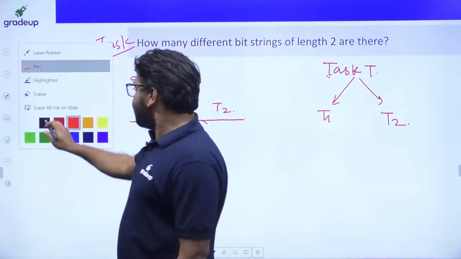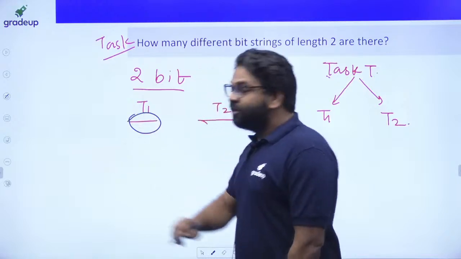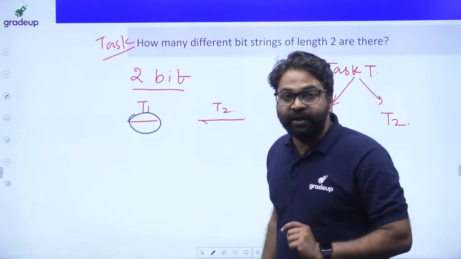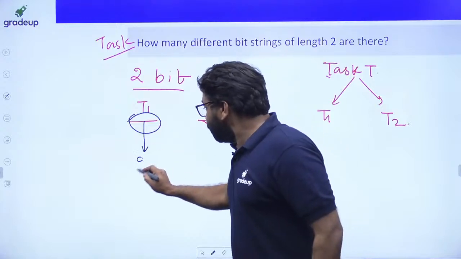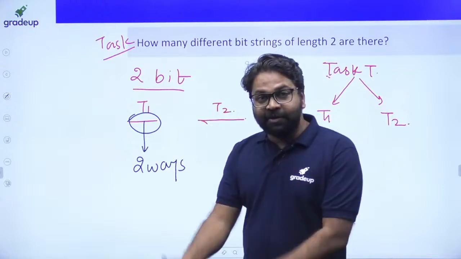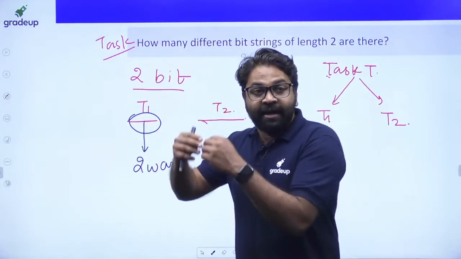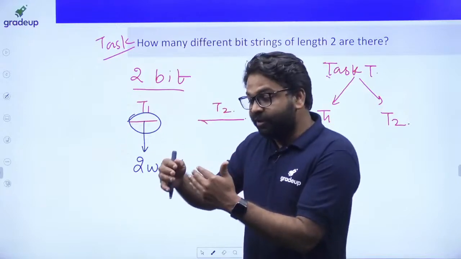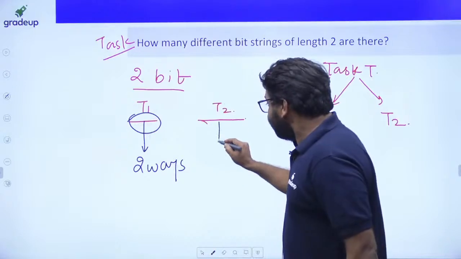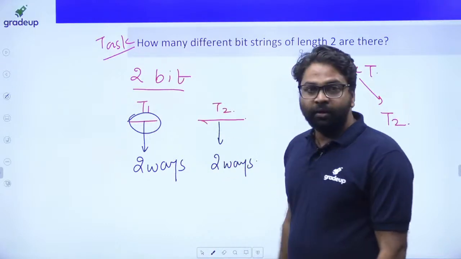Now this statement is very important: how many ways can you write anything over here? Either you can write 0 or you can write 1. So there are 2 ways you can write it. I hope you can relate to the definition. Task T divided into T1 and T2. There are 2 ways we can do T1, and there are 2 ways also we can do T2.